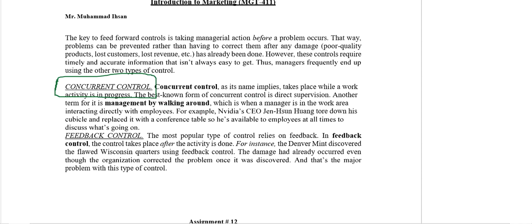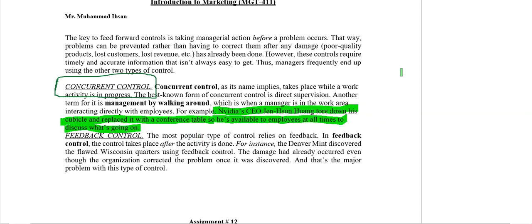The example would be Nvidia. Nvidia CEO Jen Hsun Huang tore down his cubicle and replaced it with a conference table, so he is available for employees all the time to discuss what is going on.